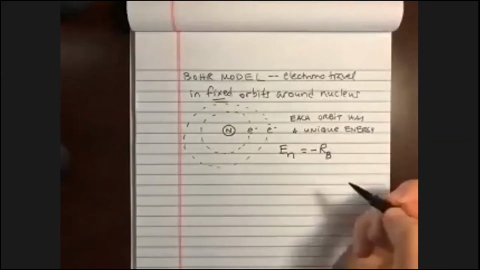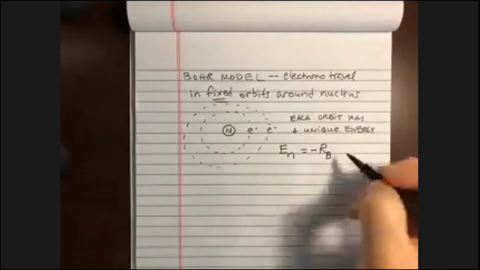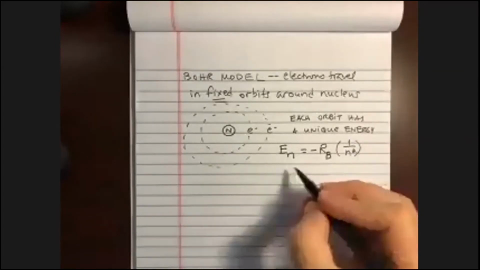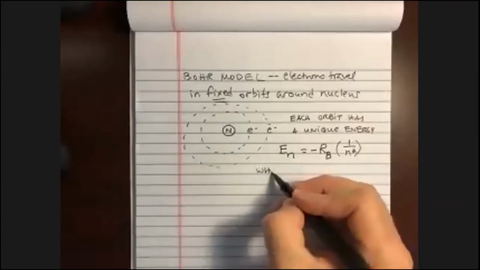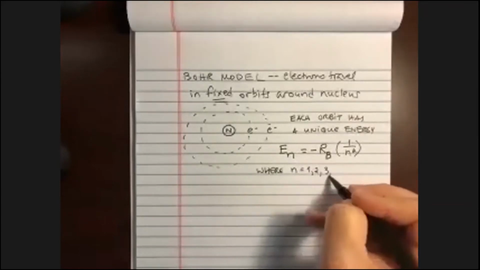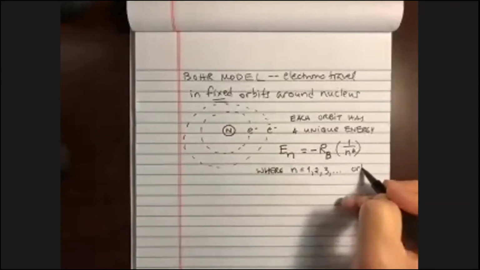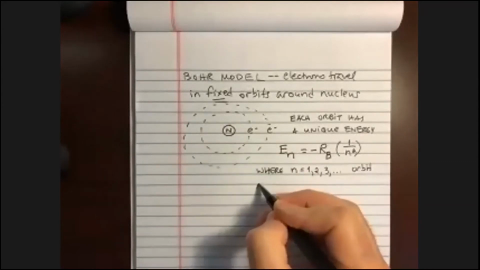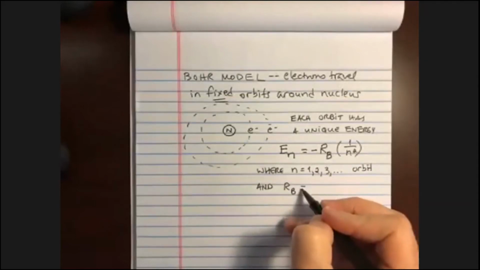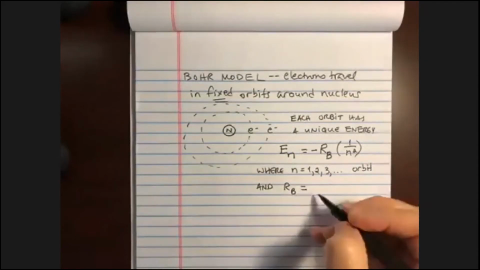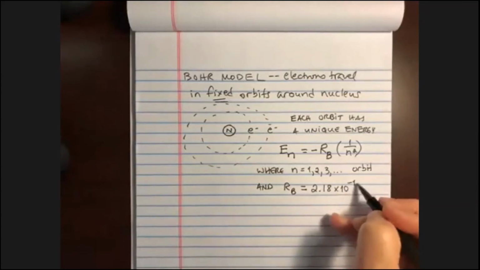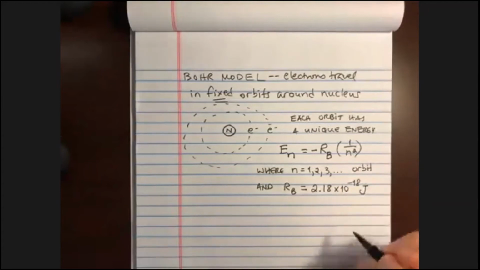I'm going to put R sub B instead of sub H, times 1 over n squared, where n is 1, 2, 3, in other words, the orbit number. And this constant R_B is a constant in units of energy, 2.18 times 10 to the minus 18 joules of energy.